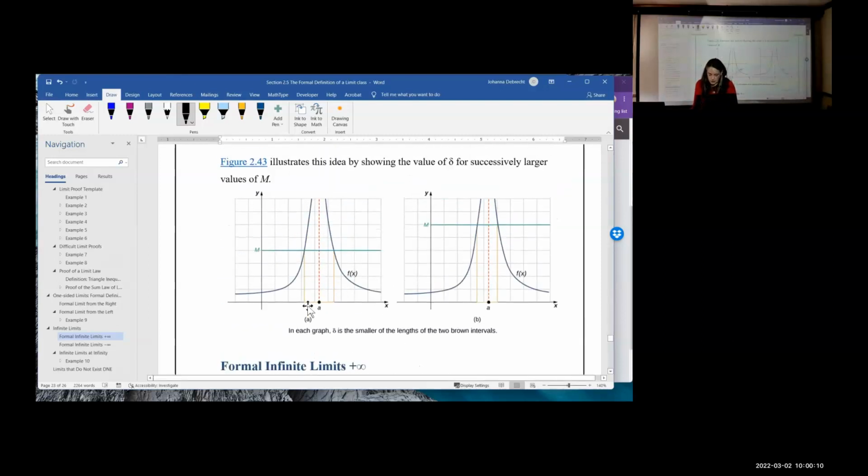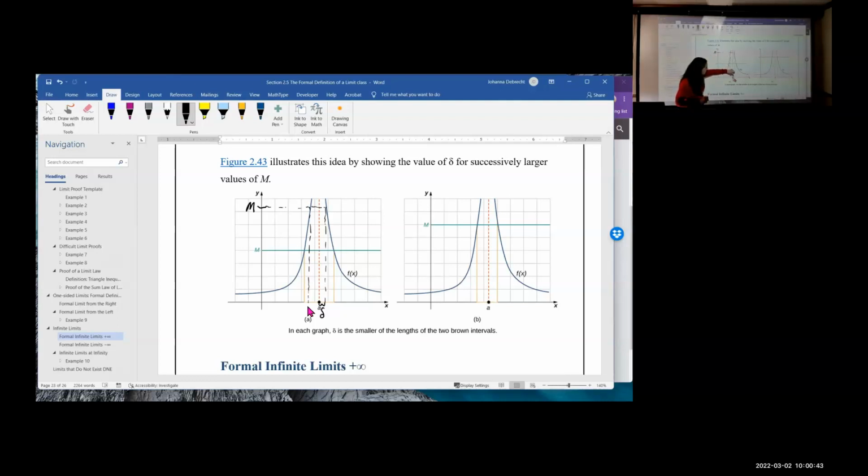All right, so let's say I pick this number right here. Then coming over to the graph, I would set this smaller distance here to be my delta. If I choose this for M, I come over to the two sides of the asymptote. I come down to where they hit the axis.